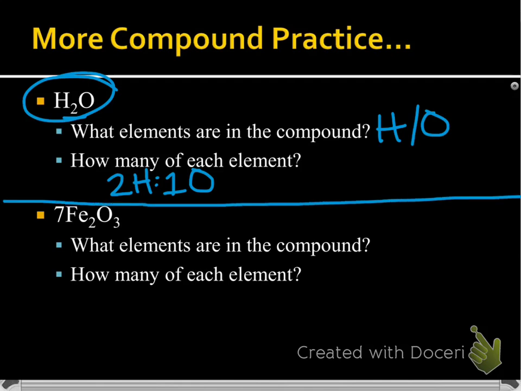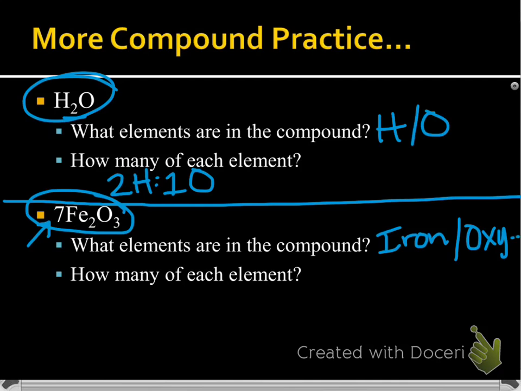Okay. The second one here is going to be a little bit different because we have this 7 in the front. So the 7, we're kind of back to multiplying, but let's do what they are first. So Fe is iron, and O we know is oxygen. Okay, so how many of each element?